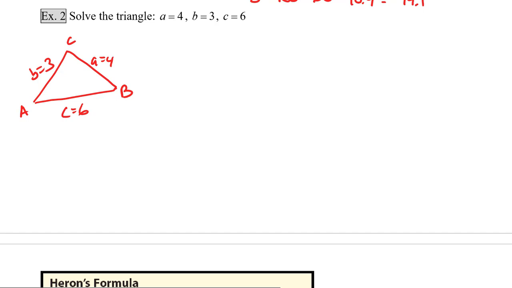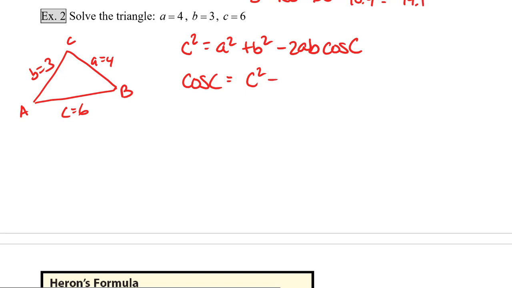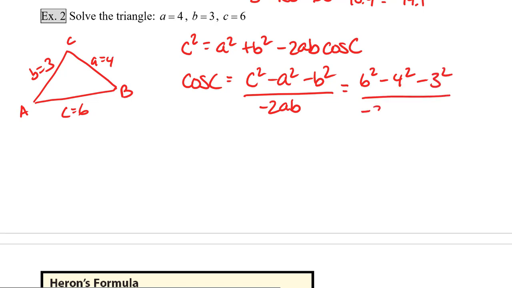So I'm going to use the equation C squared equals A squared plus B squared minus 2AB times the cosine of C. So if I solve for cosine C, I get that cosine of C is equal to C squared minus A squared minus B squared all over negative 2AB. So that's going to be 6 squared minus 4 squared minus 3 squared over negative 2 times 4 times 3.